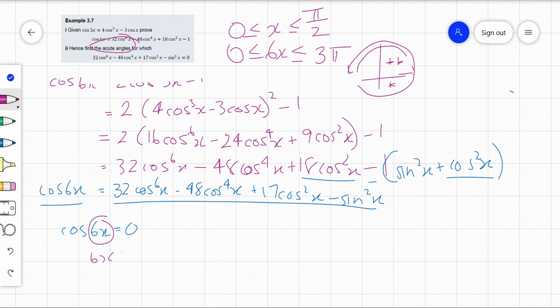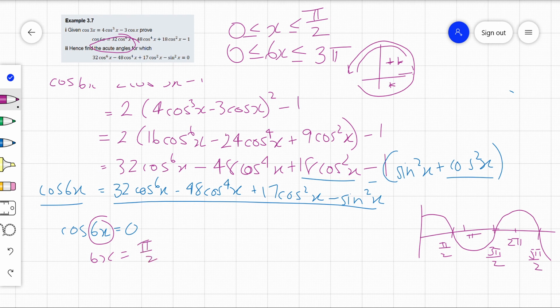Now, you know from our cos curve, like that, so that is our 2 pi, that is our pi. So where are we getting 0? Pi on 2, 3 pi on 2, and there's another one here at 5 pi on 2. So that would be my 3 answers for 6x.